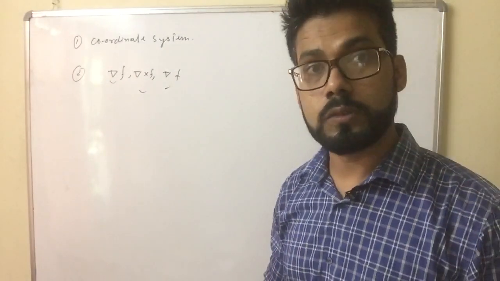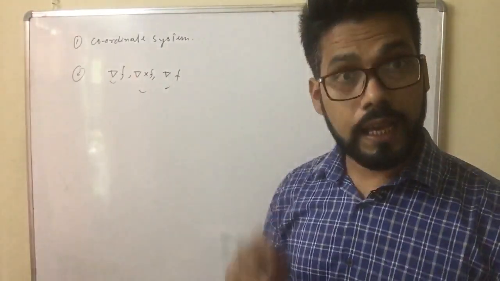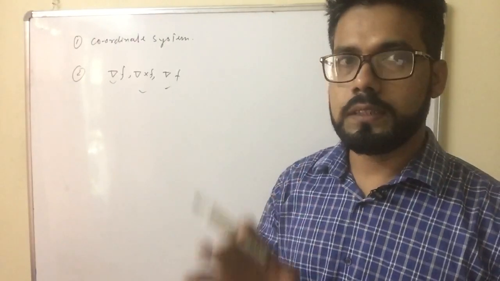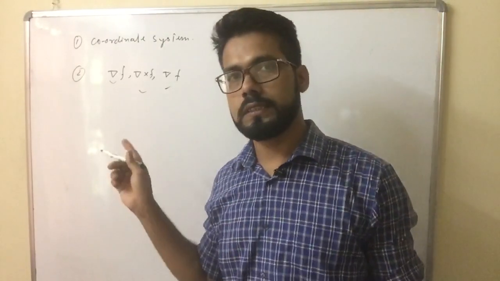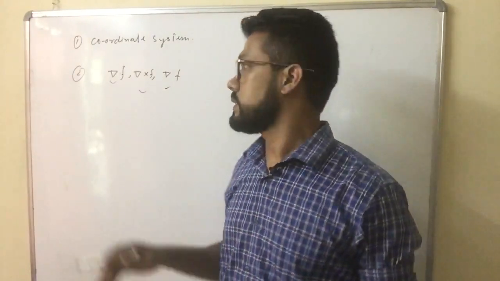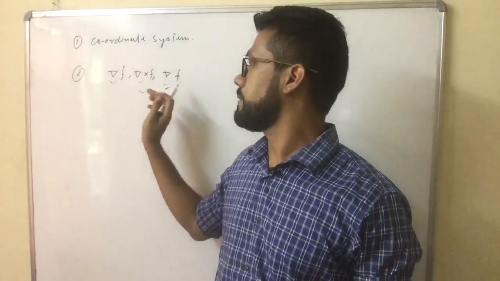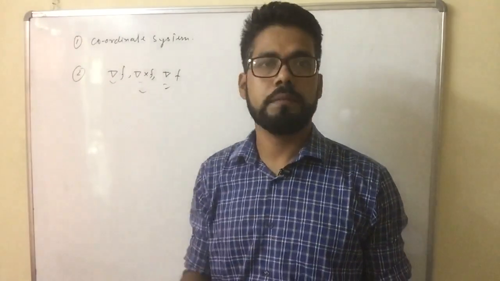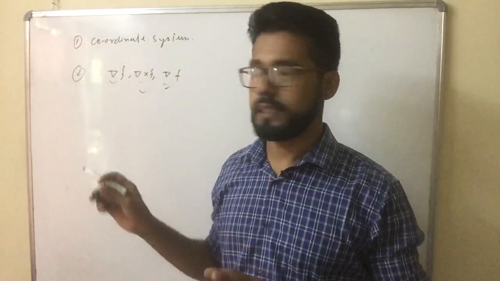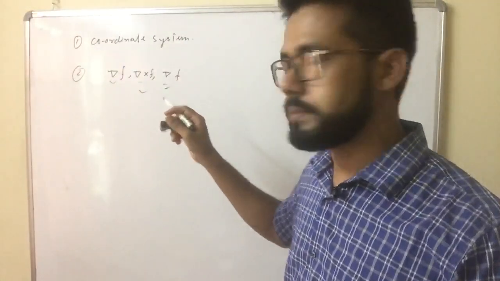Specifically, cylindrical and spherical coordinate systems are very important and essential to understand electromagnetic phenomena. Otherwise, if you don't understand the coordinate systems, apart from rectangular, and gradient, divergence, curl, these parameters are associated with electromagnetic theory. So we have to understand them.